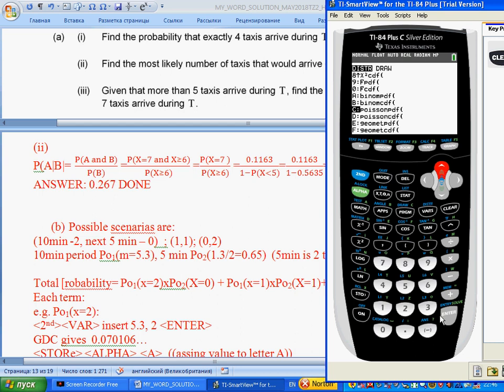Enter. So we have all the same values except this time we have 7. X is 7. Enter. Enter. Calculate.